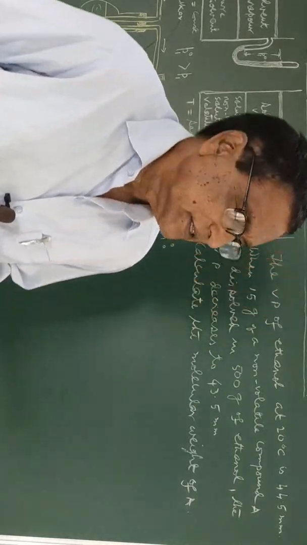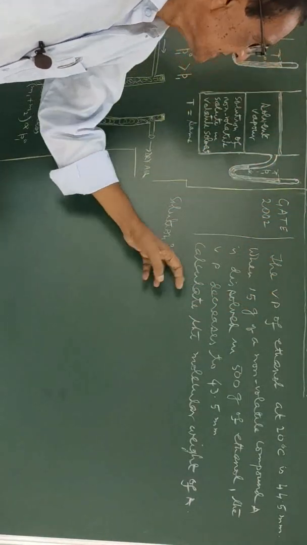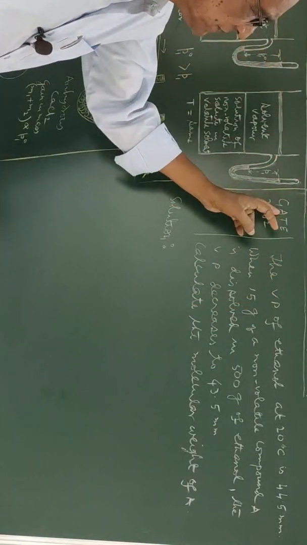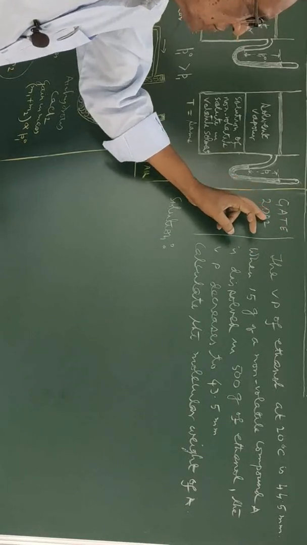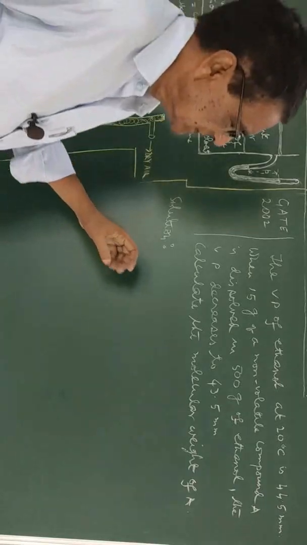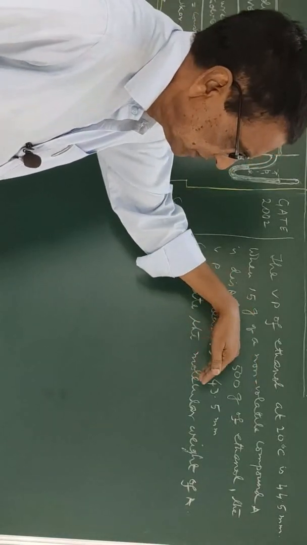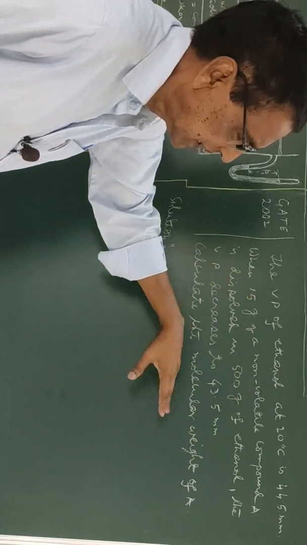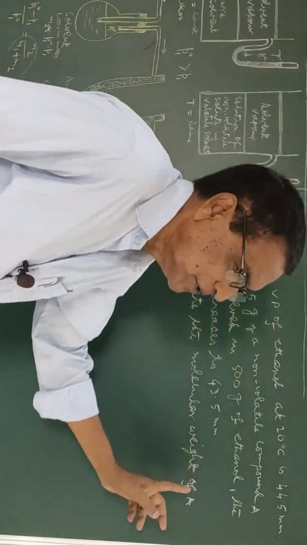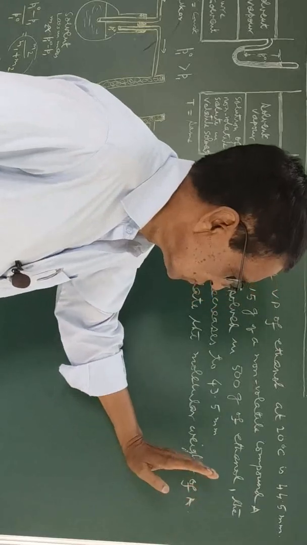This is another problem set in GATE, Graduate Aptitude Test in Engineering, in the year 2002. This is a bright problem. It shows the method by which we can calculate the molecular weight of a non-volatile solid.